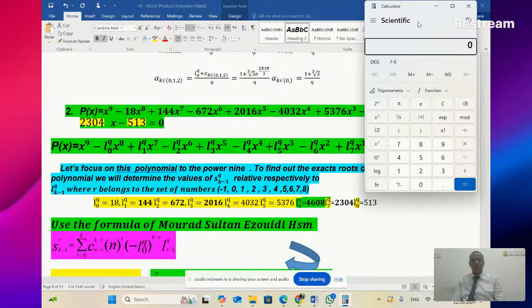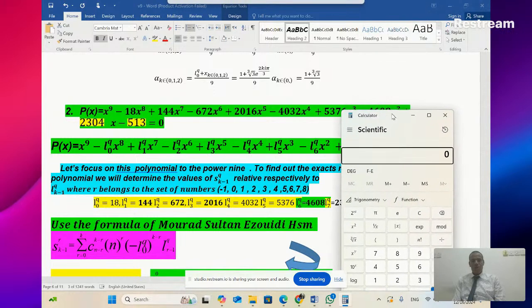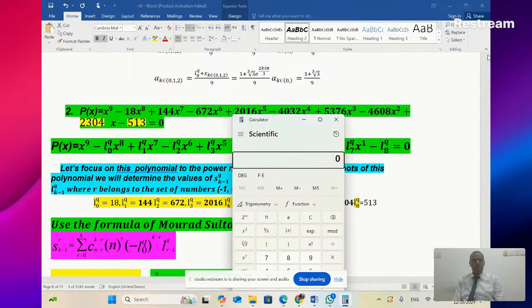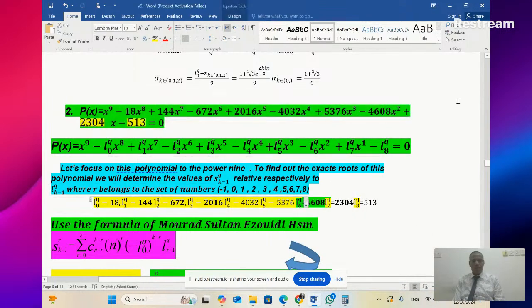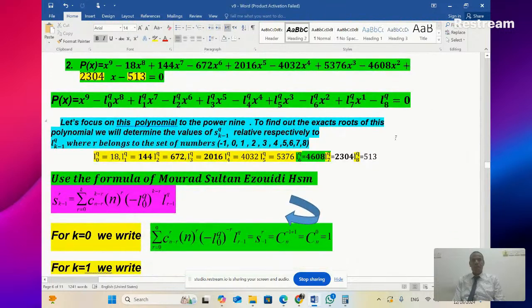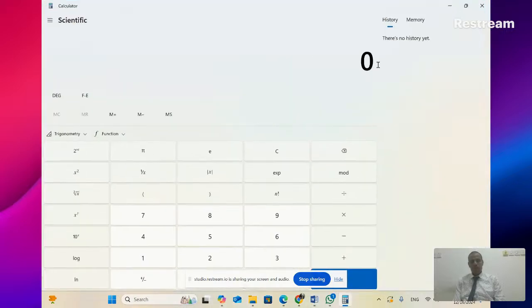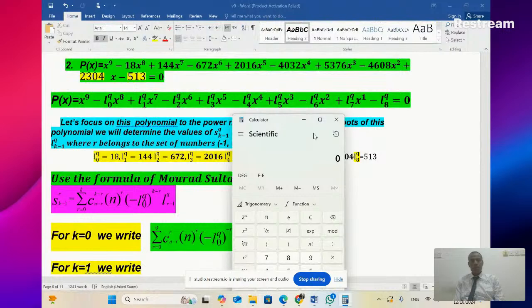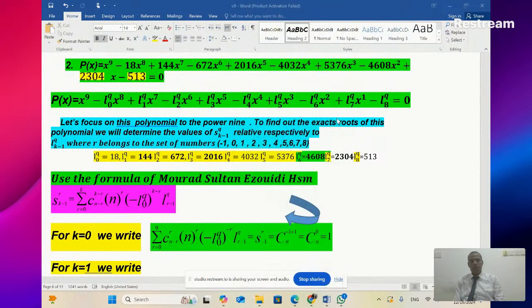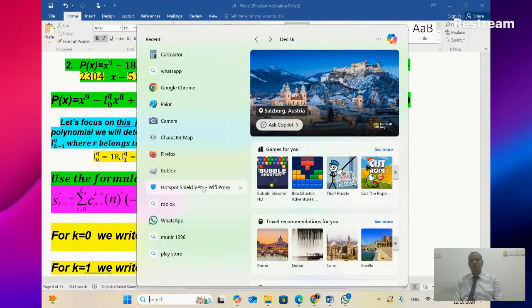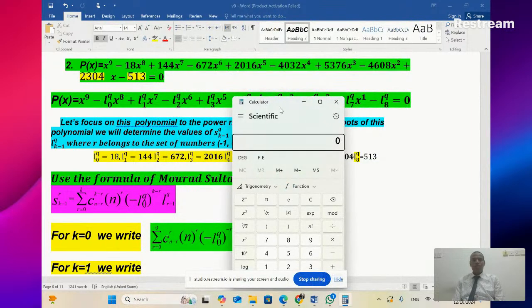So we have what exactly? I will do this in front of you. Just a minute, I go back so that you can see. Put this here. Make a new calculator. Run this calculator. I want to clear it.